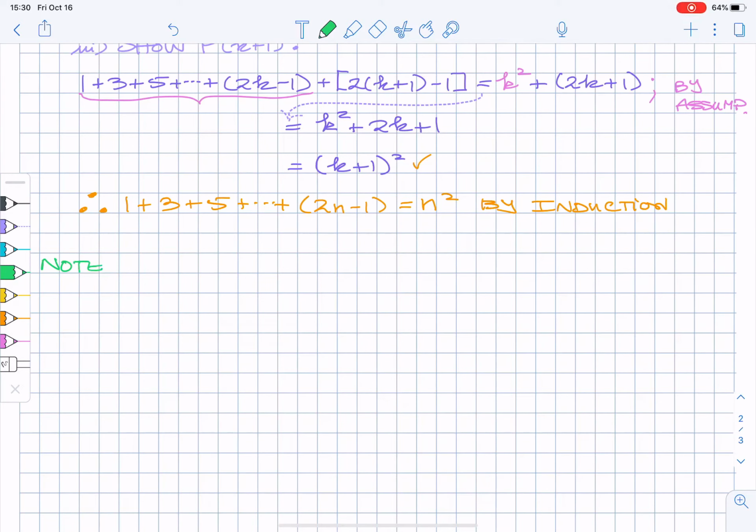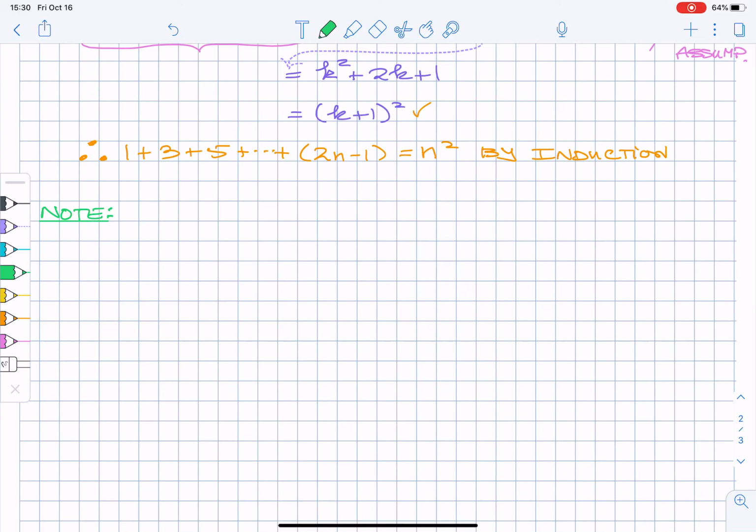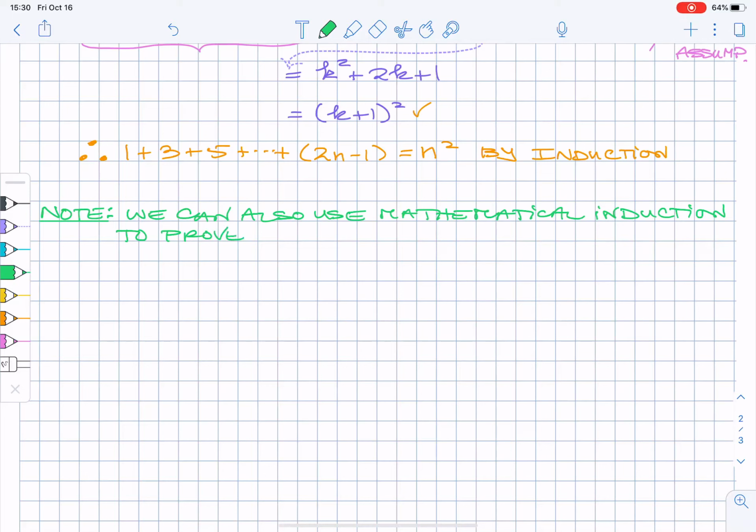So let's note that we can also use mathematical induction to prove propositional inequalities, so that we don't have to have equals.